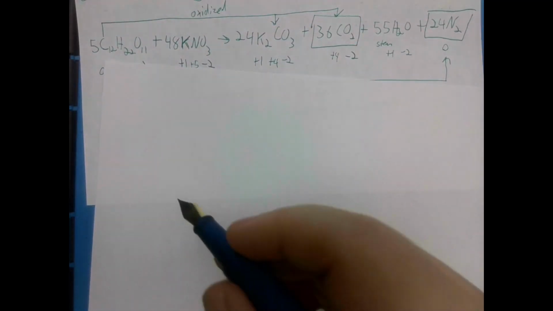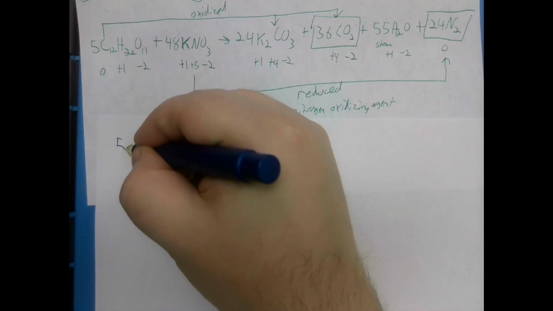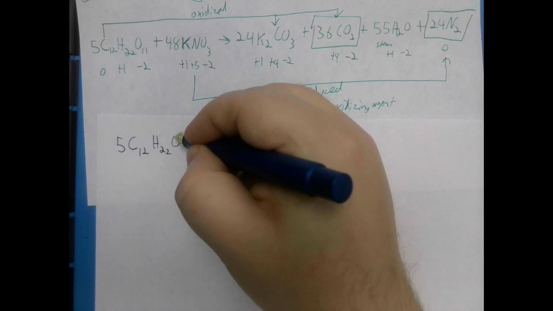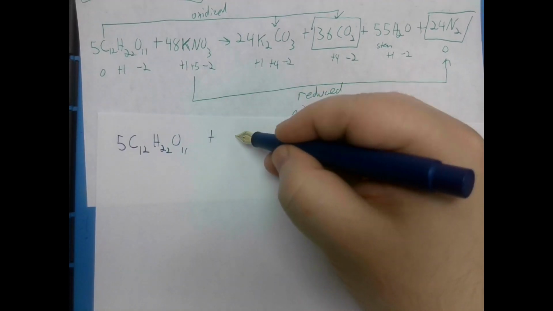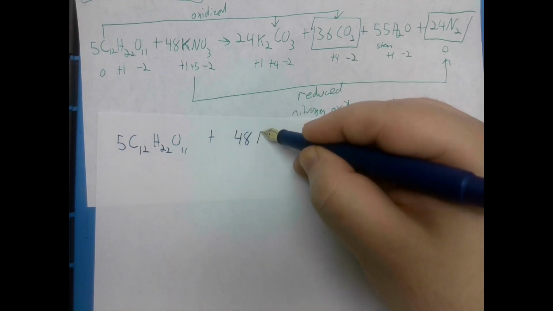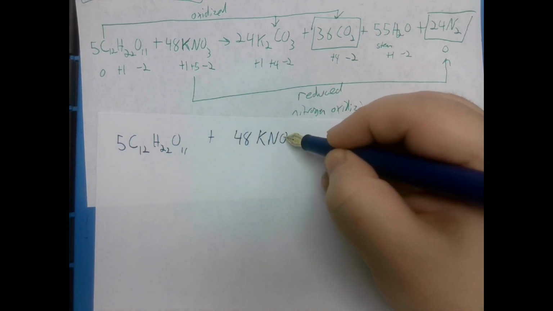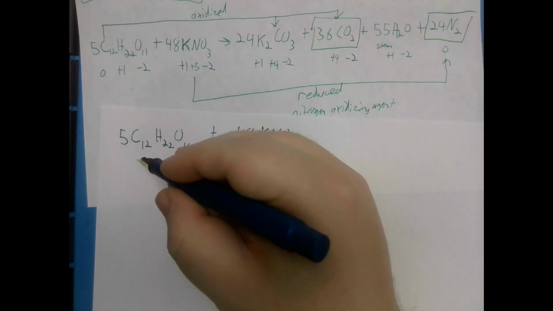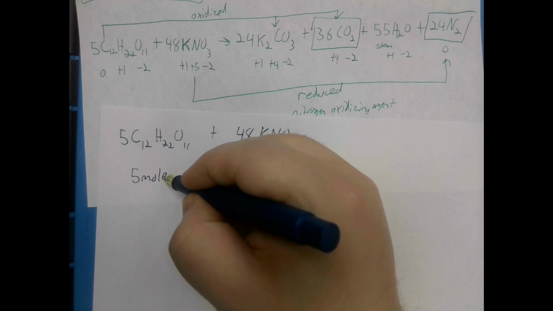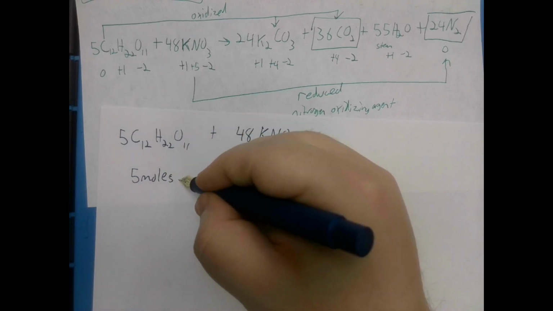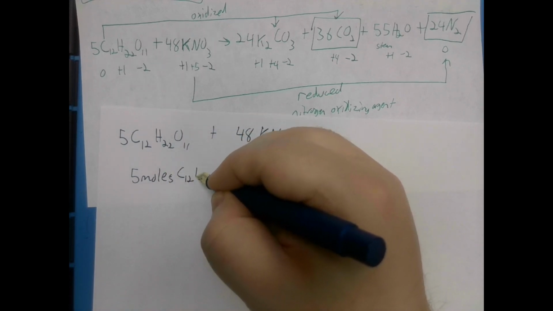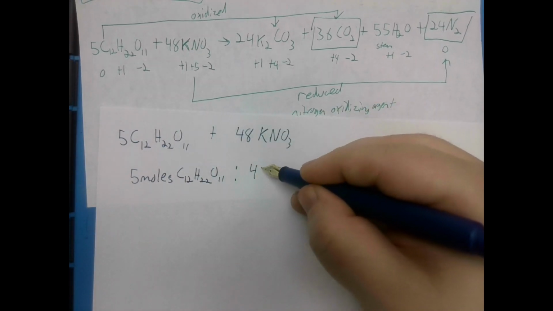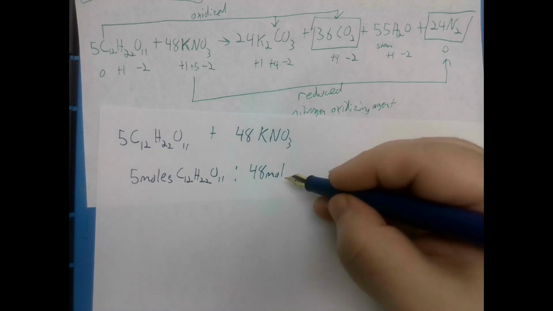I know it's going to be 5 sucrose molecules reacting with 48 potassium nitrate molecules. So the ratio is 5 moles of sucrose to 48 moles or molecules.